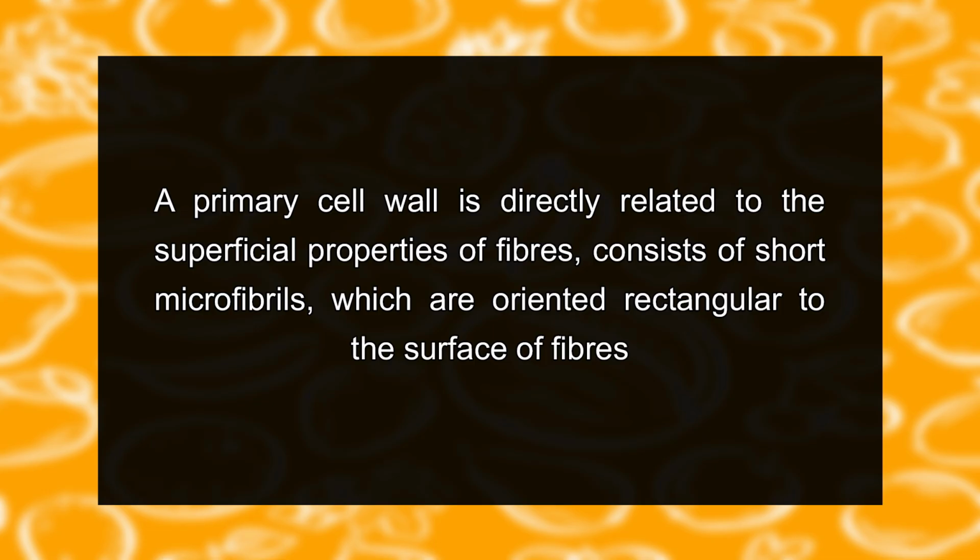The kapok cell wall structure differs from other natural cellulosic fibers. A primary cell wall, which is directly related to the superficial properties of fibers, consists of short microfibrils which are oriented rectangular to the surface of fibers.